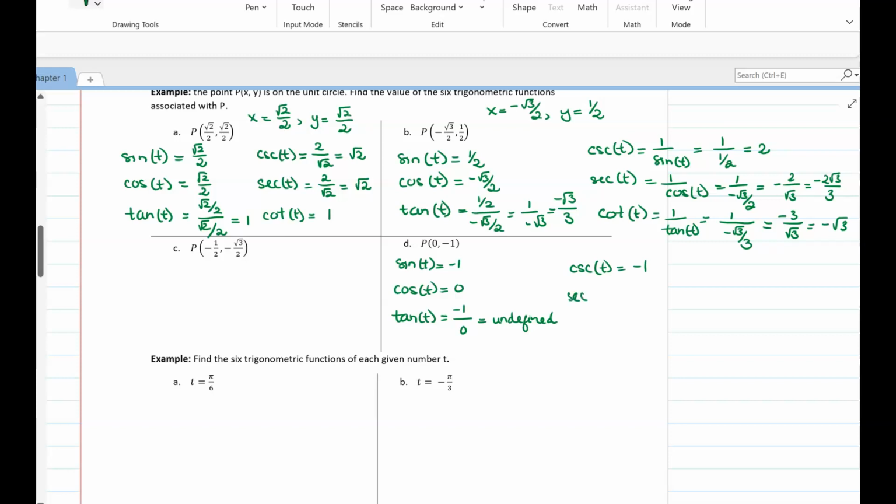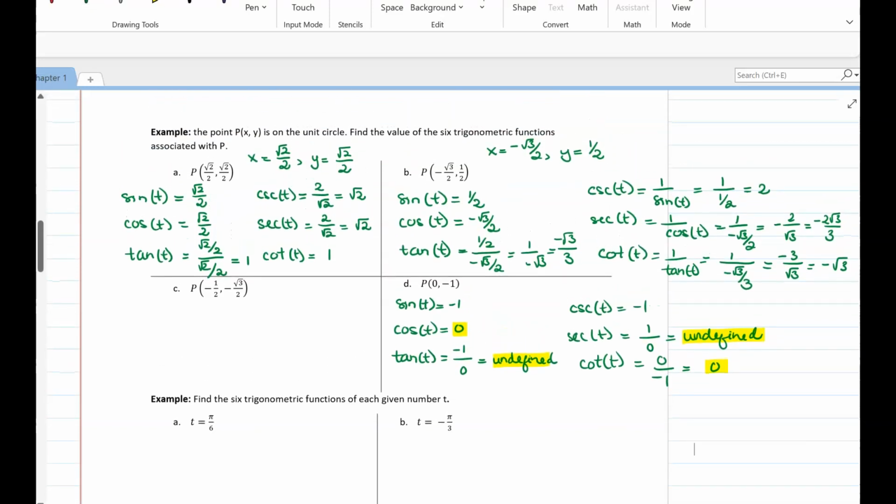Secant of t, 1 divided by 0 equal undefined. Cotangent of t equals 0 divided by negative 1. That is 0. So note that there's something to see here. The reciprocal of 0, that is undefined. The reciprocal of undefined is 0.